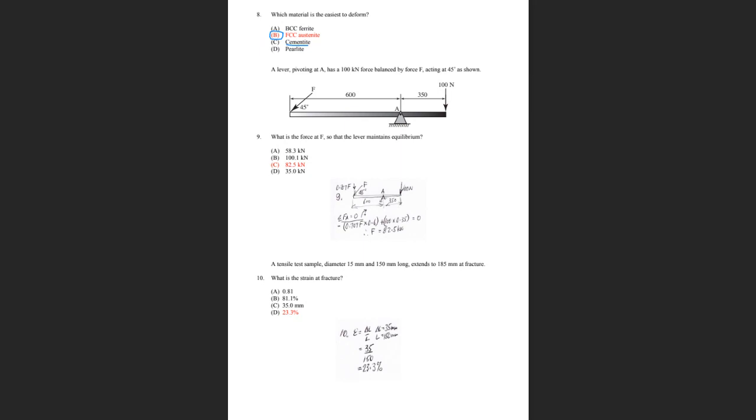Because face-centered cubic has more atoms than body-centered cubic, it's easier to deform, and so face-centered cubic austenite is the most ductile material there.